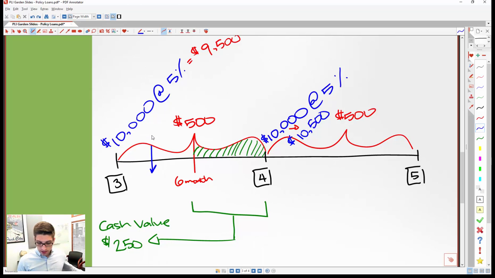The other thing to note here also is the insurance company doesn't view it as here's one outstanding loan, here's another outstanding loan. It's almost like a line of credit. Whatever your cash value is, you can borrow up to that amount. And you're able to just ebb and flow with however much that cash value is.